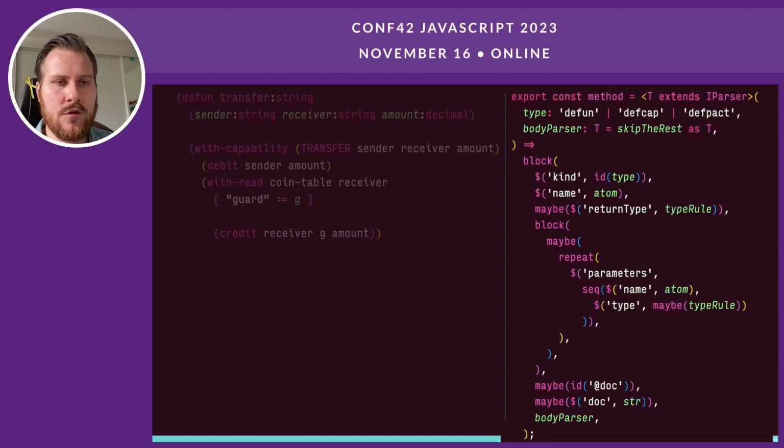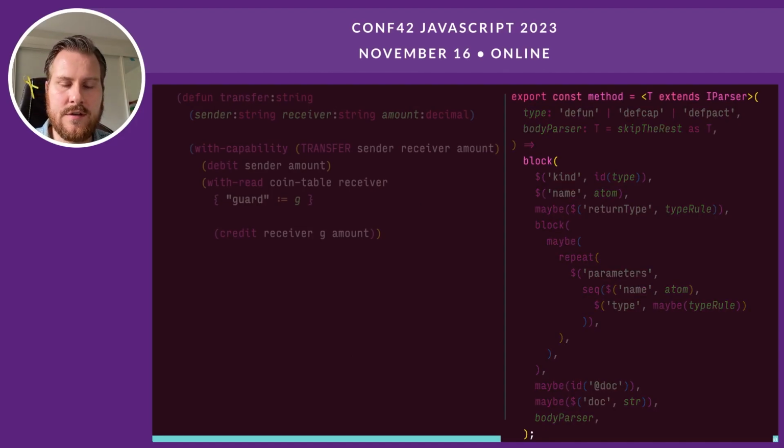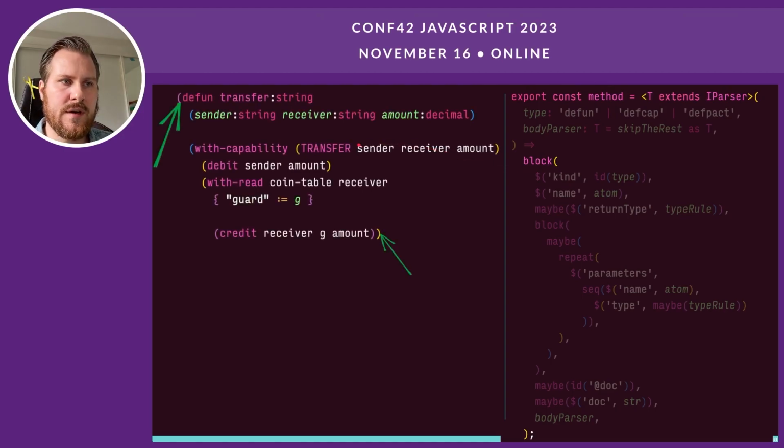All right, let's look at the right side. Here we have a parser. And a parser is actually a set of rules that we combine in order to find what the thing is that we're looking at. So how this works is a method, whatever we put in here, has to start with a block. Now a block is matching two parentheses.